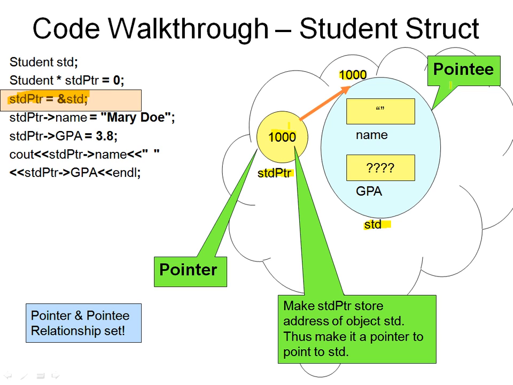This becomes a pointer to this pointee, so the pointer-pointee relationship is set, and now this pointer stdptr, since it has a pointee which is std, we can do something with it. We can have indirect access to the name and GPA through the pointer stdptr.